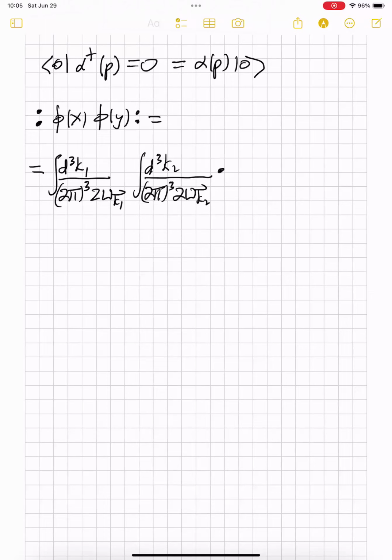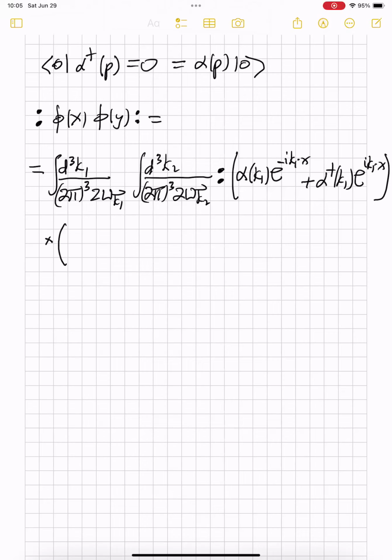And then we have our fields appearing. So we will have alpha of k1 e to the minus I k1 dot x plus alpha dagger of k1 e to the I k1 dot x. All I'm using here is the mode expansion of the field, and I really would encourage you to memorize that formula. You're going to be using it so much.